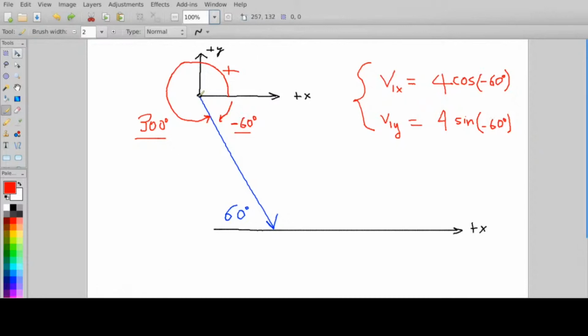Going to the tail of the vector, wherever that is, and putting a little temporary origin there with an x and y axis, and then measuring the angle like that. Okay, don't do that off of the head. That would be wrong. You go to the tail and add a little coordinate system at the tail to get the angle. Okay, so I hope that's clear, because if there's anything hard about this problem, I think this is it right here. Once you've got that solidly in your mind, you'll be okay.